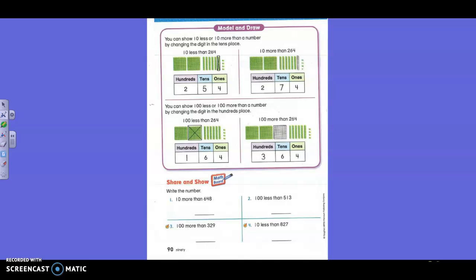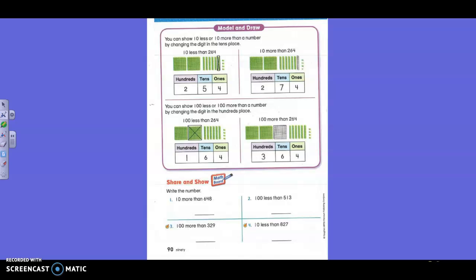So this is showing that if you take 10 away, they have the number 264. They drew the picture, 200, 6 10s, 4 1s, right?